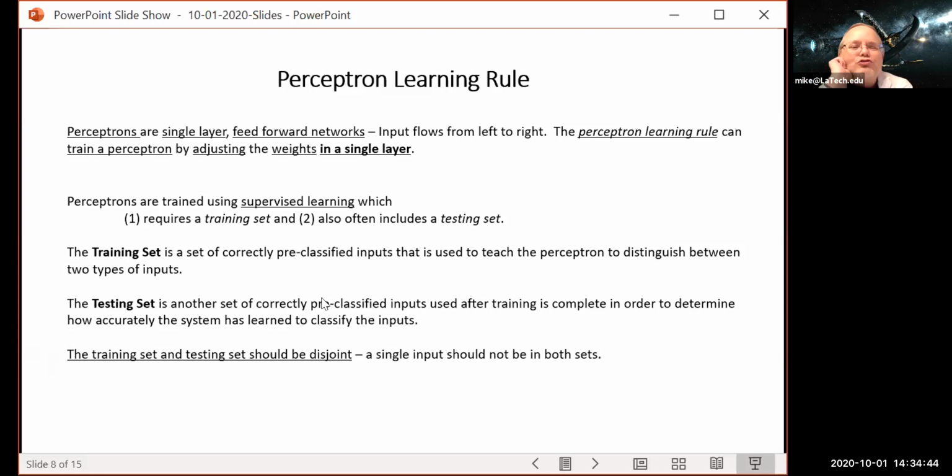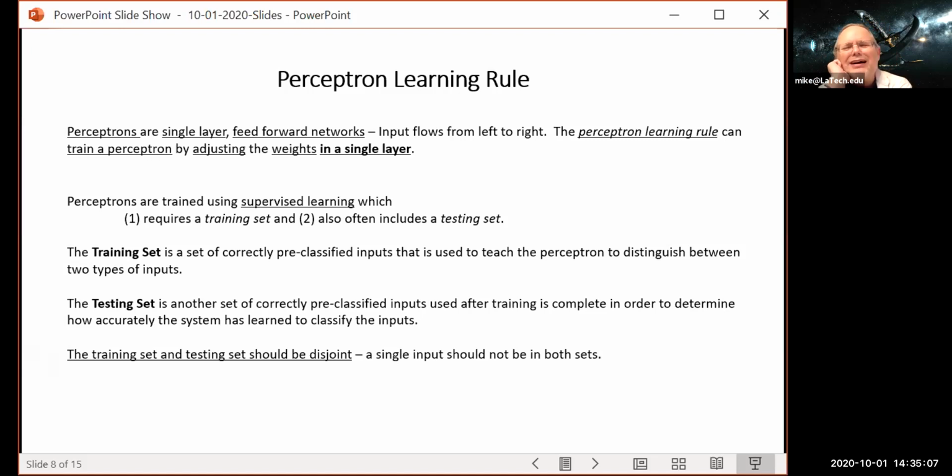Essentially, when you train a perceptron, you do it over training data, okay? And that training data is called a training set. Usually, most of the time, if you have a large amount of data, you will also reserve some of it as a testing set.